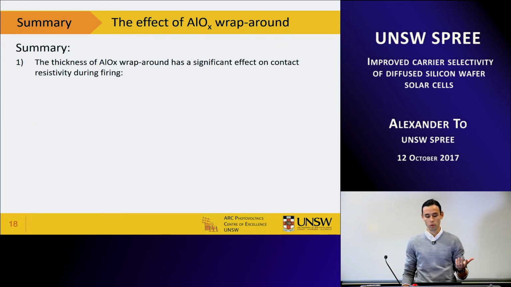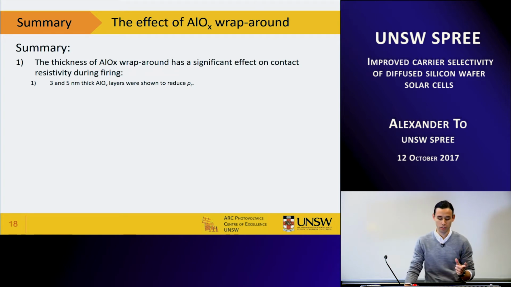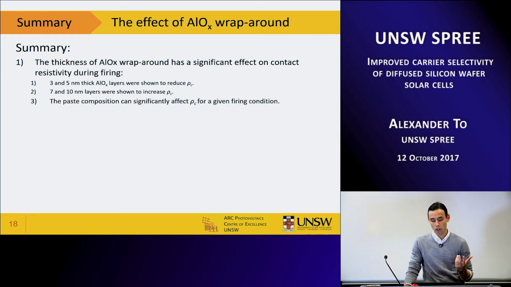And what we showed was that the thickness of AlOx wraparound has a significant effect on contact resistance during firing. Particularly, 3 and 5 nanometer thick AlOx layers were shown to reduce contact resistivity in the TLM structures themselves. 7 and 10 nanometer layers were shown to increase it, so that's quite detrimental.